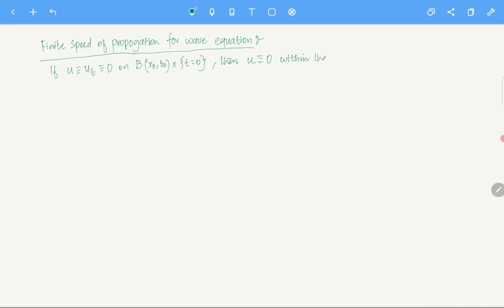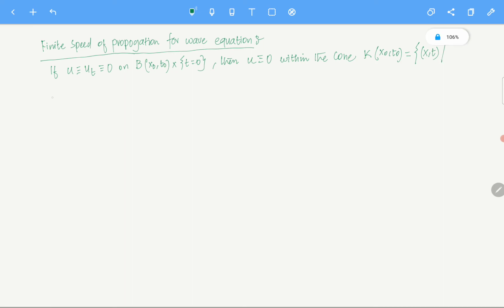the cone. I will define the cone, K(x0, t0), the set of all those (x, t) such that 0 is less than t less than t0, and the norm of x minus x0 is less than or equal to t0 minus t. We already defined it, but let me do it again.